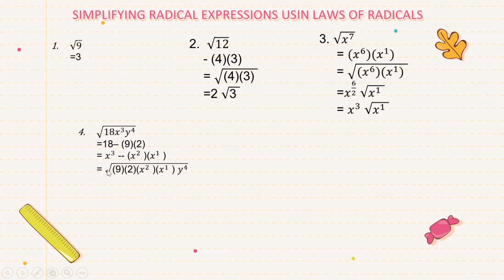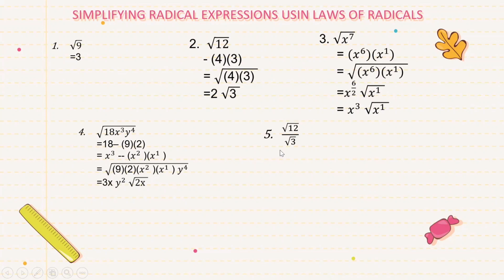So all in all, that would be the square root of 9 times 2, x squared times x times y raised to 4. Since the square root of 9 is 3, labas natin siya, lagay natin siya dito, and the square root of x squared is x, and the square root of y raised to 4 is y squared. Then yung natira sa loob ng radical sign. So our final answer would be 3x y squared square root of 2x.